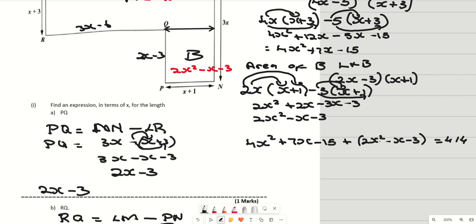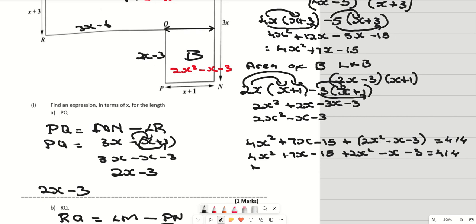So we're going to group like terms and then make it equal to 0. So that's 4x squared plus 7x minus 15, and when you open the bracket, a plus and a plus is a plus, so plus 2x squared minus x minus 3 is equal to 414.